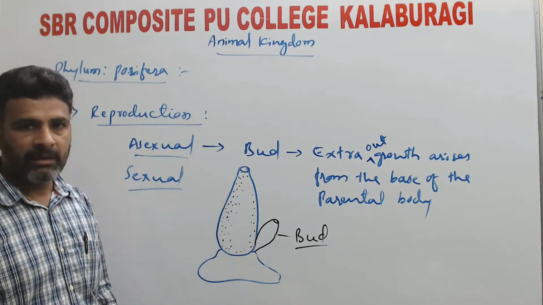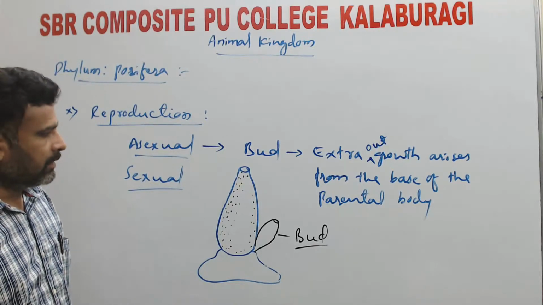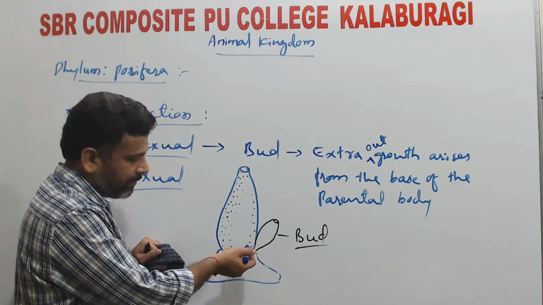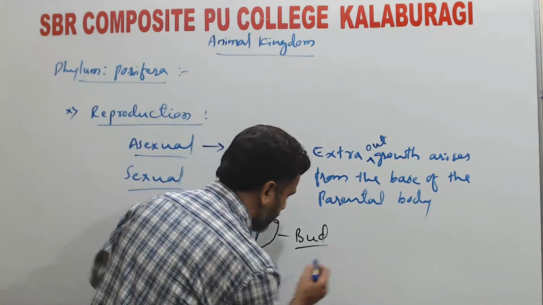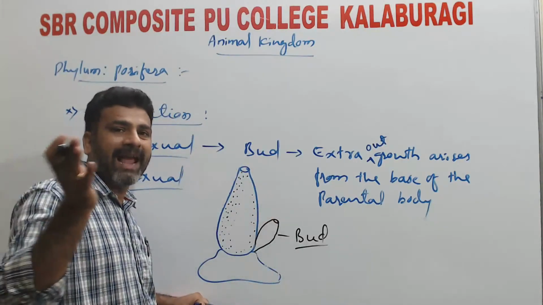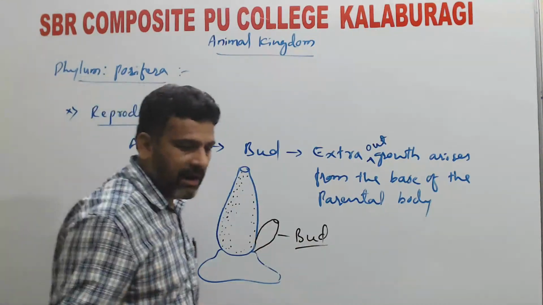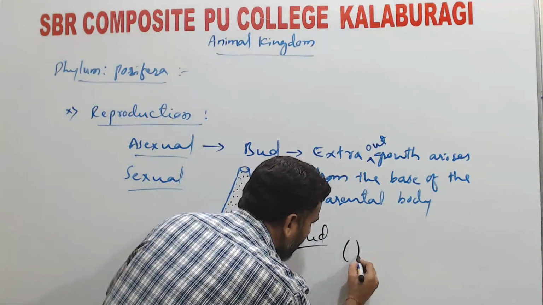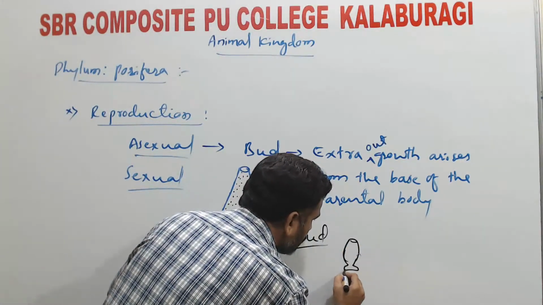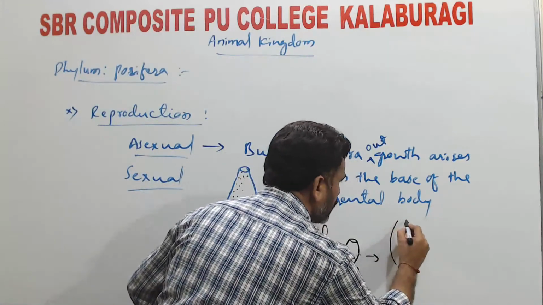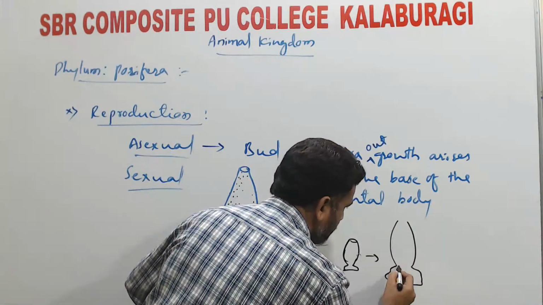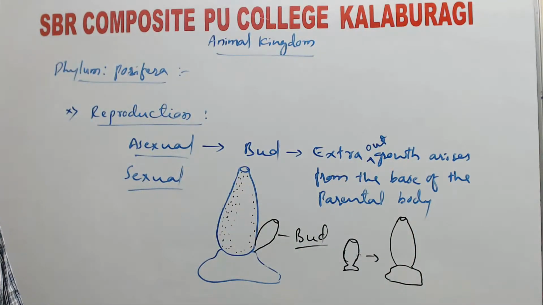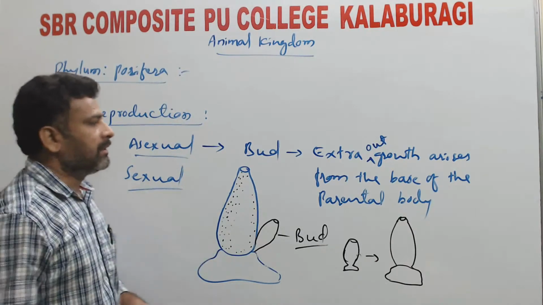Once these buds develop from the base of the parental body, they either remain attached to the parental body or detach from it. Once detached, they get attached to the substratum and in turn develop into a new colony, a new sponge. So that is asexual reproduction.